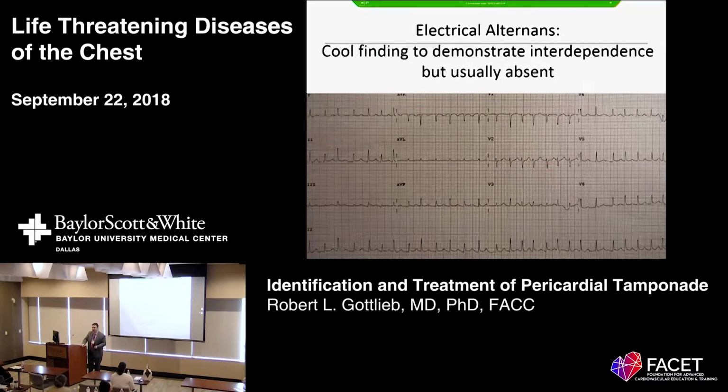However, if you've had a long-standing malignant pericardial effusion creeping up on you, growing and growing, sometimes it takes much more, so the volume is not the thing that correlates with whether there's pericardial tamponade.